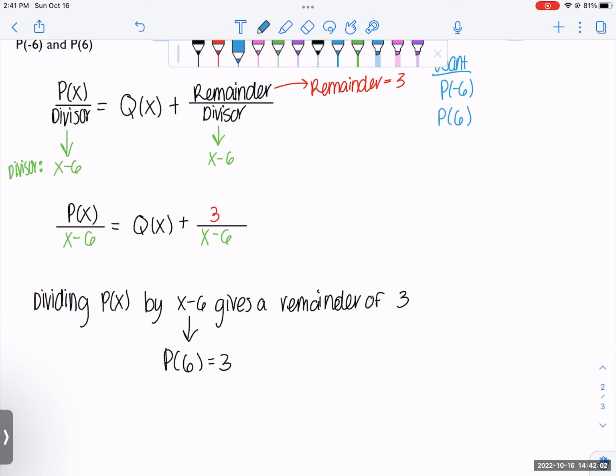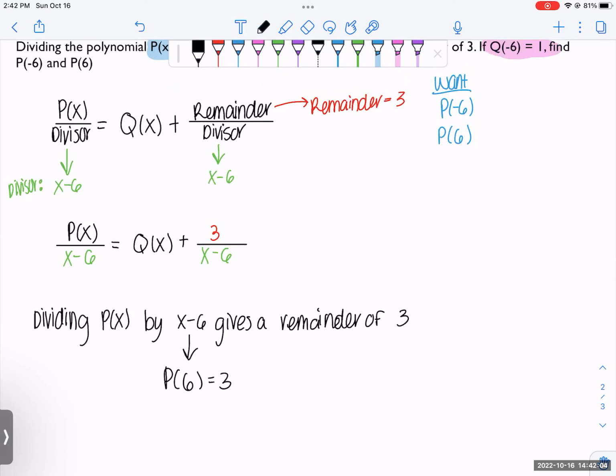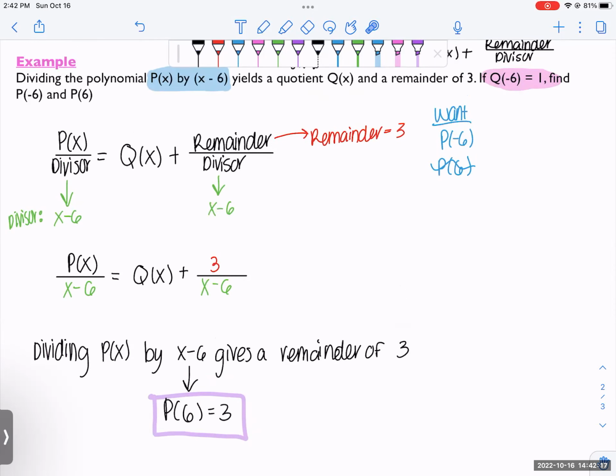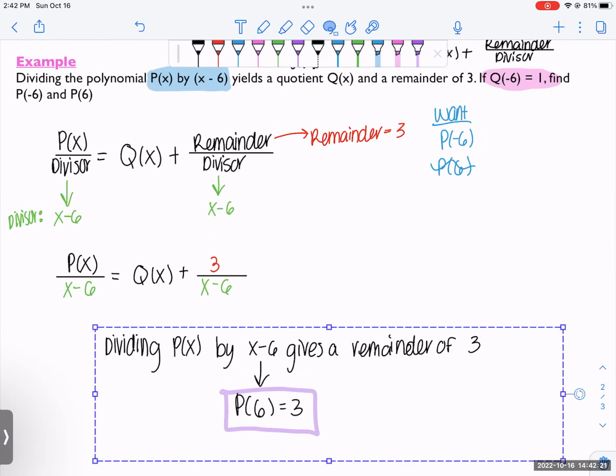Cool. Well, that takes care of one thing altogether. We can cross this guy off the list. The problem then becomes the negative 6. So we got this one from the remainder theorem. Thank you, remainder theorem. P of negative 6, we're going to have to think a little bit.